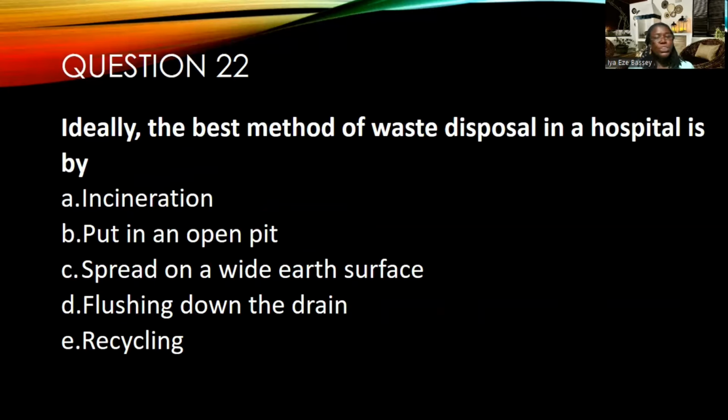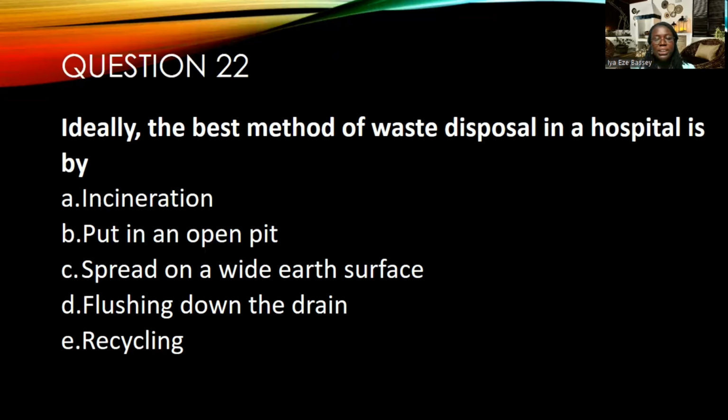No, you don't want to be recycling any waste from the hospital, because the first rule is that every sample or specimen you see in the hospital is potentially a hazard. You just have to be careful with them. So the best thing would be to incinerate it, burn it completely. Don't put it in an open pit. That is bad. Rain will fall in it, it will sink into the ground and cause a lot of problems.